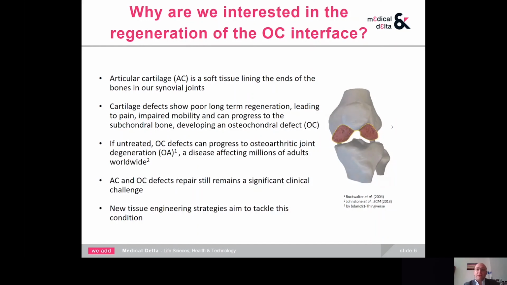If untreated, such defects can progress to osteoarthritic joint degeneration, a disease which affects millions of adults worldwide. Articular cartilage and osteochondral defect repair still remain a significant clinical challenge, and new tissue engineering strategies aim to tackle this condition.